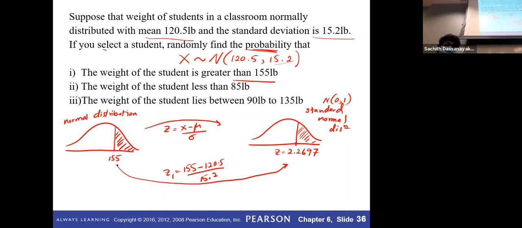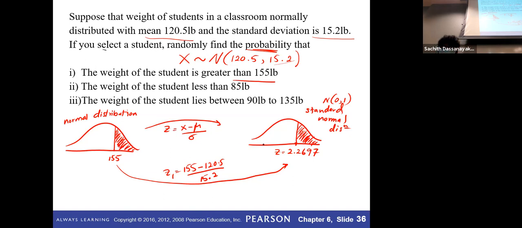So we simply map this value 155 to our standard normal value. Those are two different values, but what about this area? This area and this area are the same, because the only thing we changed is the scale.